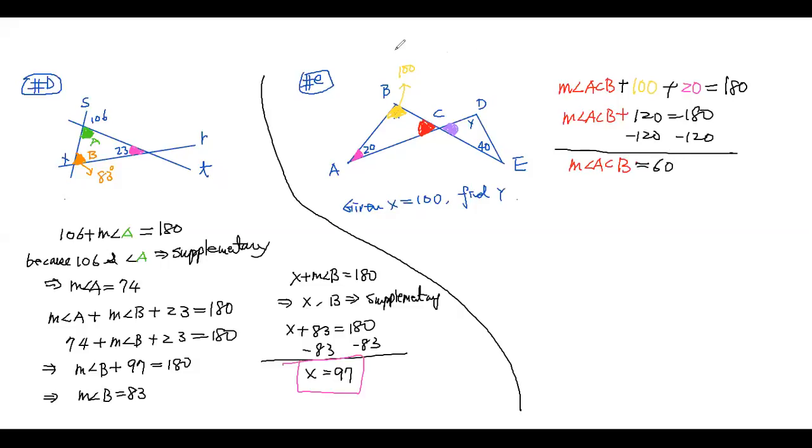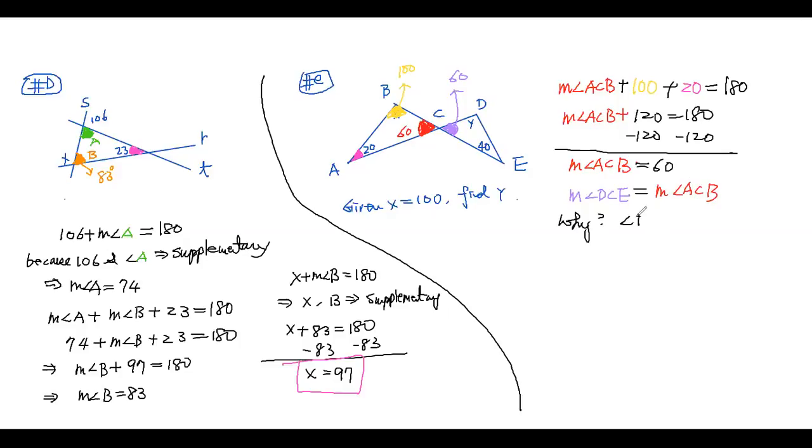So that means this angle is equal to 60. If this angle is equal to 60, what is this one here? This one is equal to 60 also, right? Because ACB is 60, so I know the angle DCE is going to equal the angle ACB. Why are these two equal?